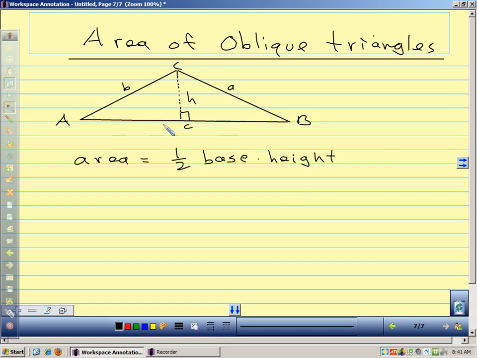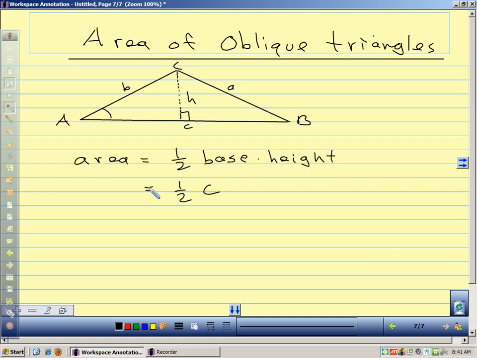For this triangle, the way I drew the altitude in here, what would be the base of this triangle? What length? c. c would be the length of the base of the triangle. So our area is going to be 1/2 c. And what is our height? Our height is h, and we can calculate h because we know the value of angle A.